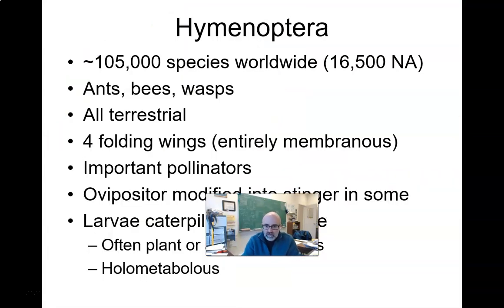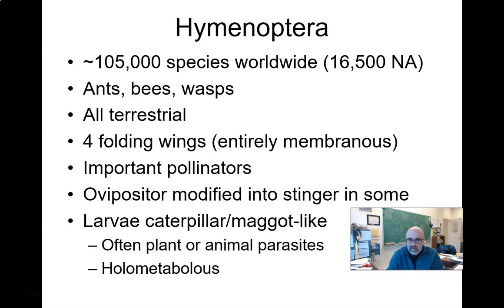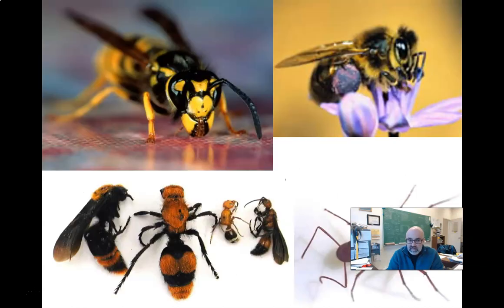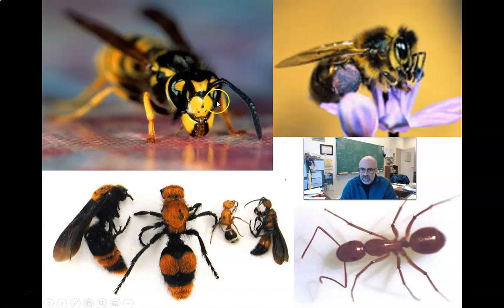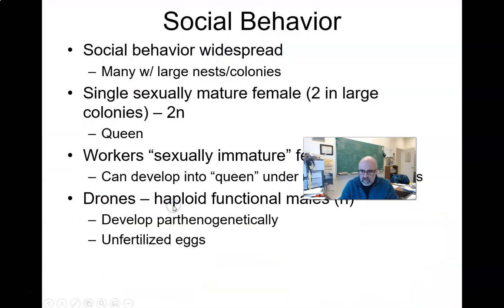I mean, just unbelievable. Hymenopterans, lots of species here too. This includes all the ants, but also yellow jackets, and all the really important pollinators, bumblebees, honeybees. This is a flightless wasp called a cow ant or velvet ant, cow killer.